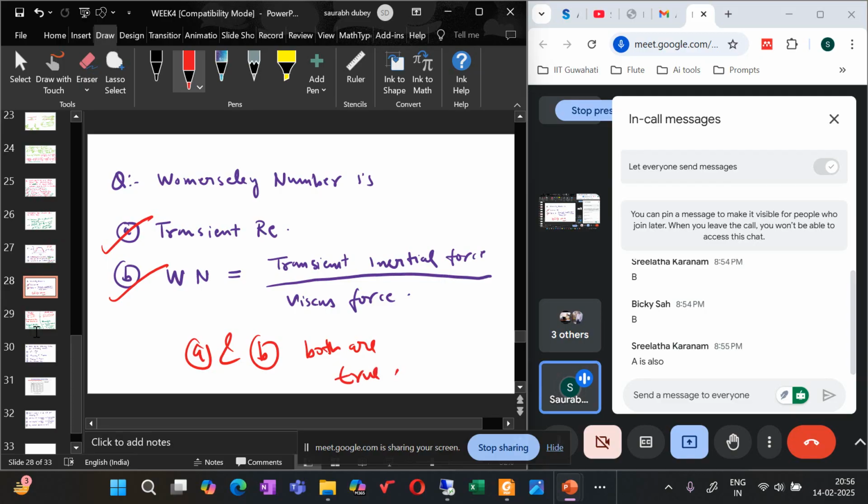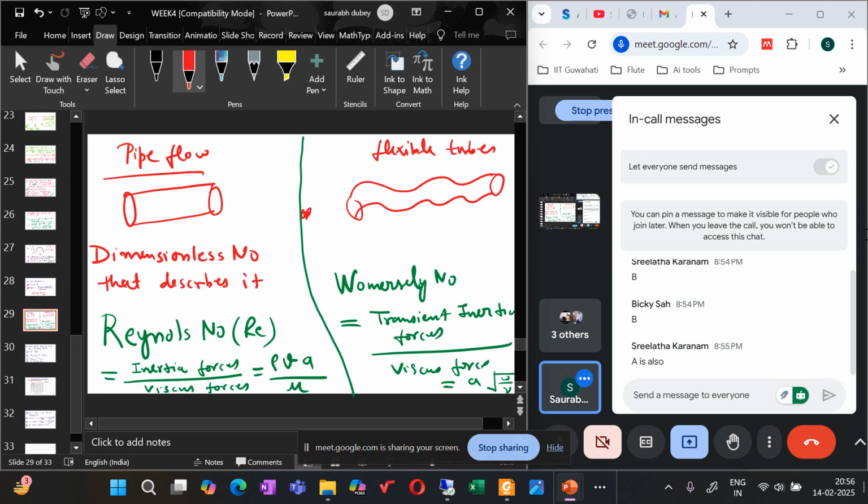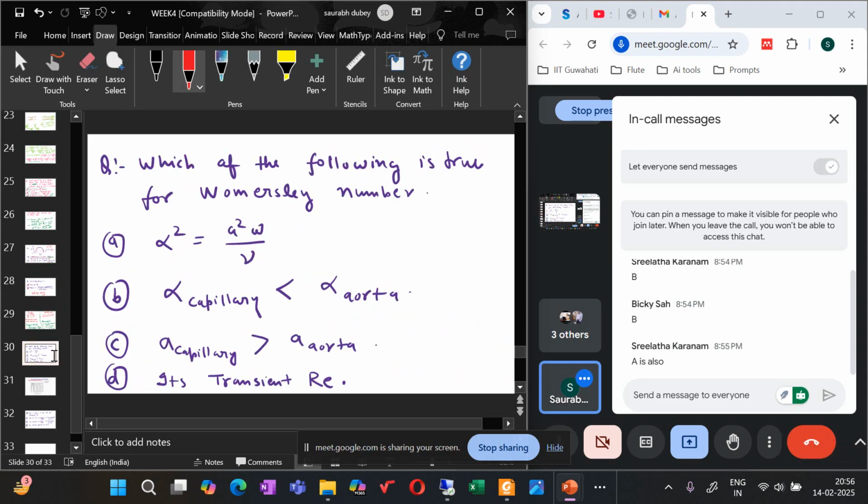Now we are going to solve the next problem, that is this one. Which of the following is true for this Vomersley number? You have A, B, C, and D, four options. So in order to solve this, you need to know some length scale about the aorta or capillary.